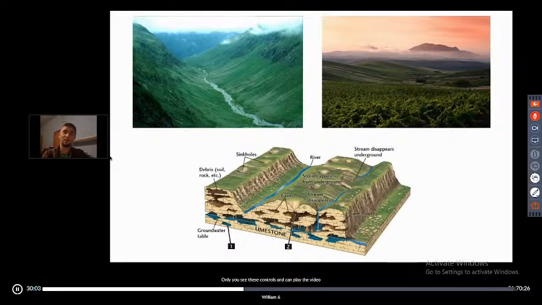So that's why I say that in understanding rocks, you will have a good idea of what you can actually expect when it comes to your soil and your vegetation.